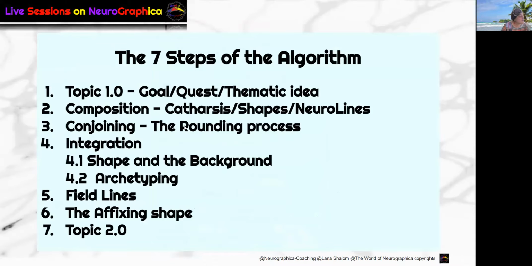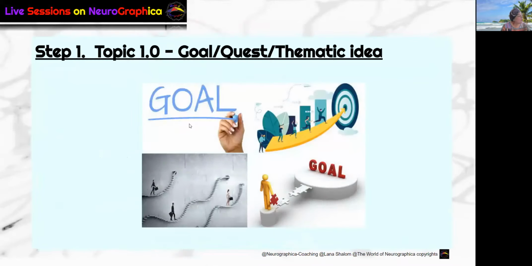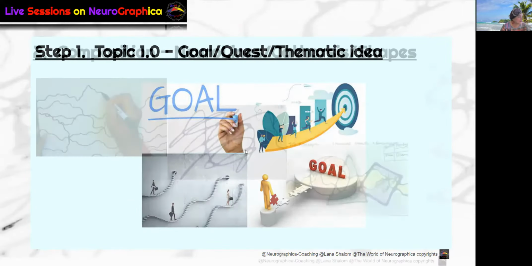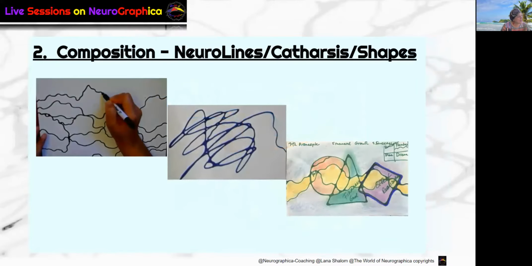In the previous 2 sessions, we went through step number 1, the goal, the quest, the thematic idea, how to set a goal, and what it is about the goal that we need to figure out. Then we discussed how to set the composition. Do you choose with characters, in which case it would be shapes?